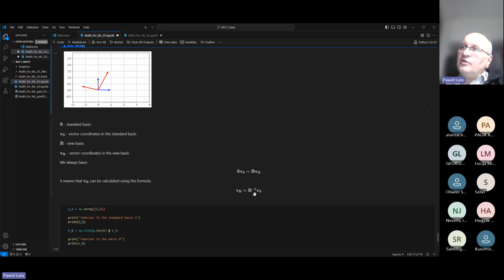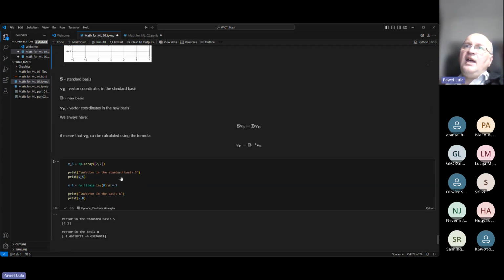And therefore, we have VB here. So changing these two sides of this equation, we see that we can express coordinates of this VB vector using this formula. And here, having this vector Vs, I calculated coordinates for VB vector here.